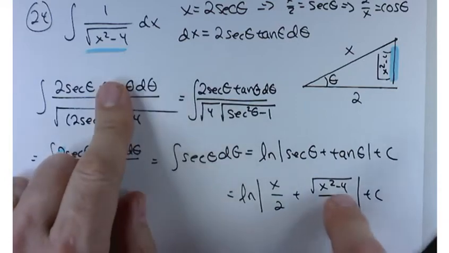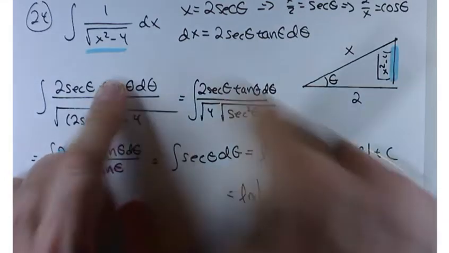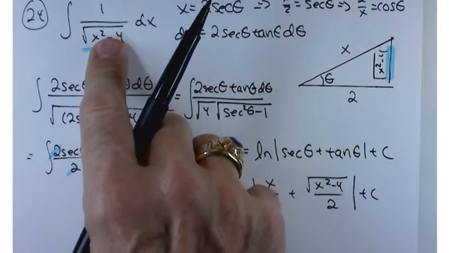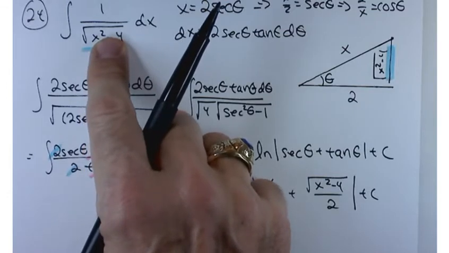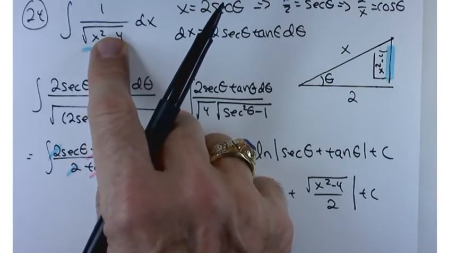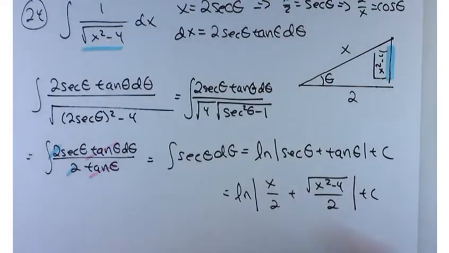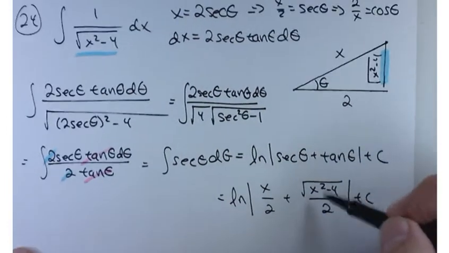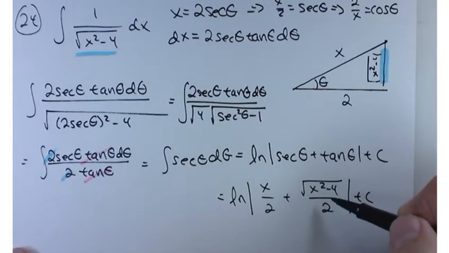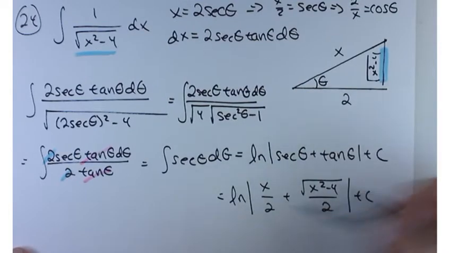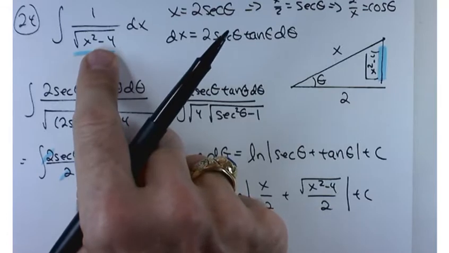Let's try one last one here. Problem number 22. The integral of x squared over the square root of 36 minus x squared.